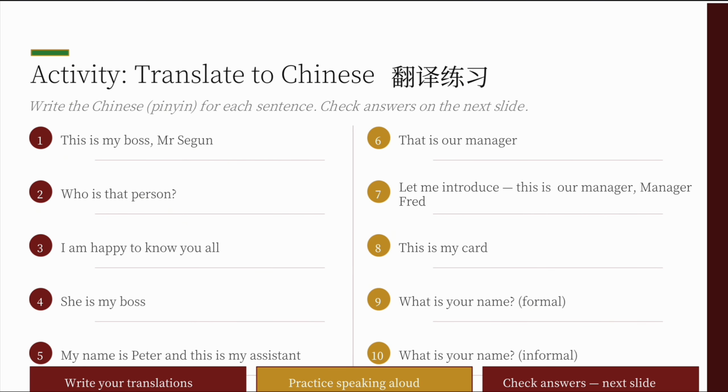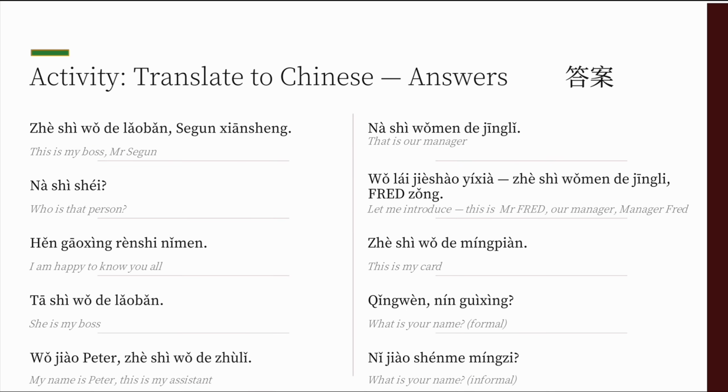You can pause this video for 10 minutes to walk through this activity, and you are to translate these sentences into Chinese. Write your translations, practice speaking out loud, and then we will check our answers in the next slide. So pause and check your answers when you are done. The answer keys, these are what your answers are supposed to look like. How many did you get?